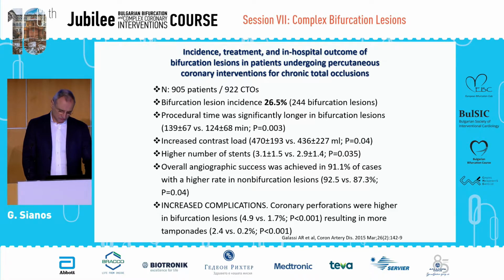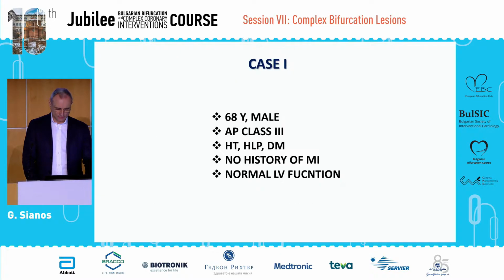That's also something that someone can criticize in this study, but that's what has been reported. Of course, with increased complexity, one should expect an increased number of complications. That's a little bit of what we have.